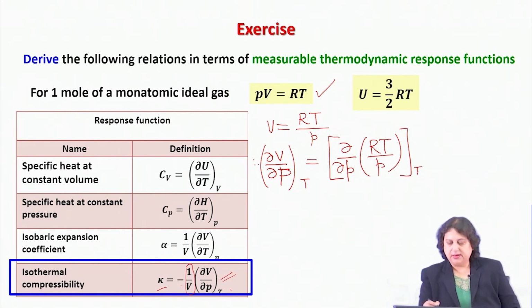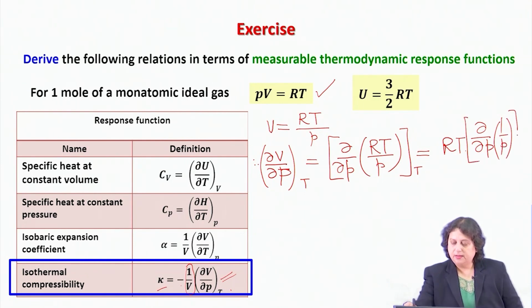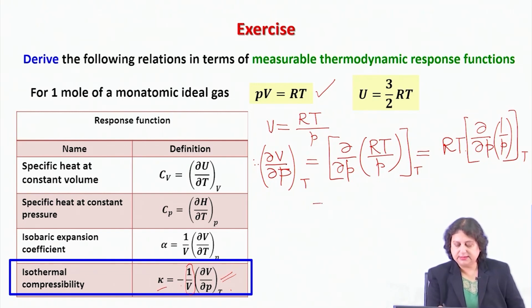If that is so, I can always take out R into T from this derivative, and the result is I need to find out del P of 1 by P at constant temperature. This is nothing but taking a full derivative of 1 by P with respect to P, and the answer is minus RT by P square.